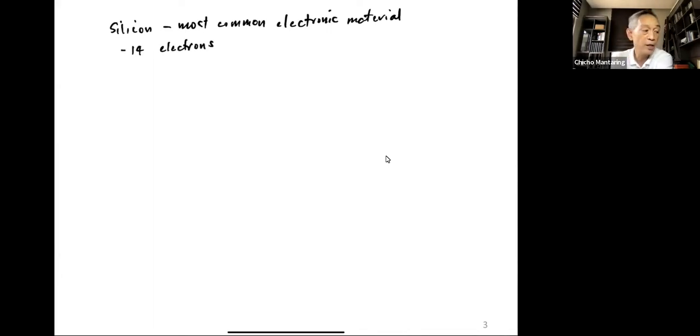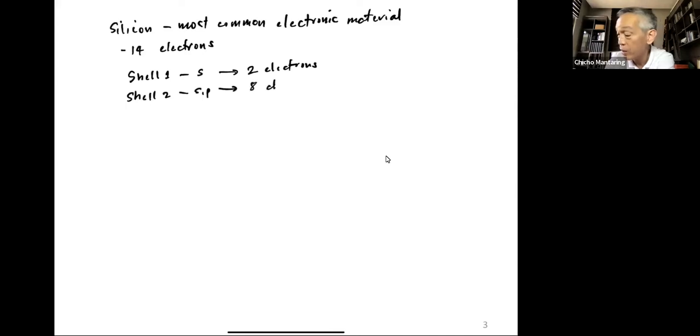So how many shells will it have? In shell 1, you can have 2 electrons. This is only s, so this corresponds to 2 electrons. In shell 2, you can have both s and p, so you have 2 electrons plus 6 electrons, which is 8 electrons.